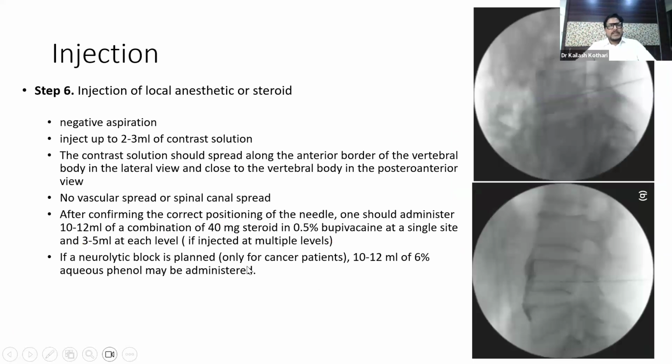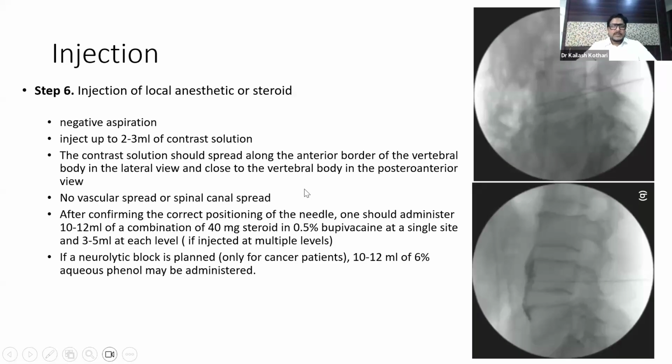So normally at each level, before injection, we always do negative aspiration, inject 2 to 3 ml of the contrast, and see the good spread. If there is no vascular spread and spinal canal spread, which is unlikely unless you are too medial and you are grossly wrong, it is almost impossible to reach the spinal canal.